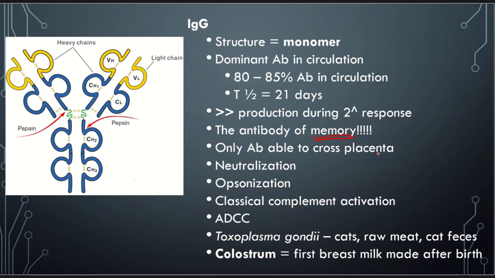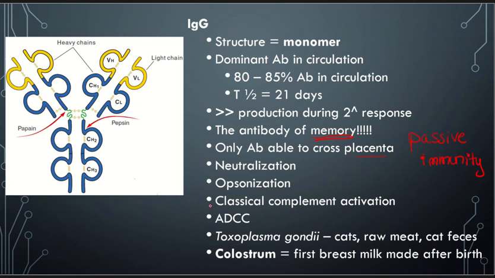It's also the only one that can cross the placenta, and so it's what's going to confer that passive immunity from the mother to the fetus while in utero. And it's sort of the jack of all trades. It can do that neutralization that some of our other antibodies like IgM and IgA can do.